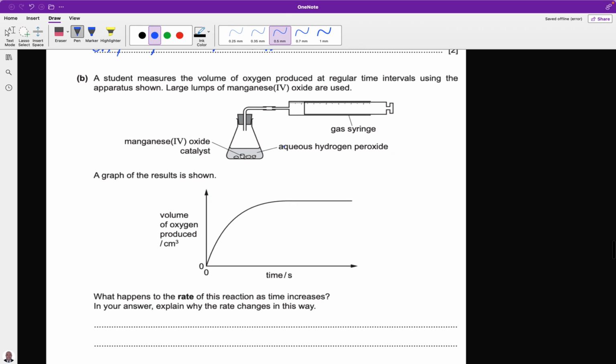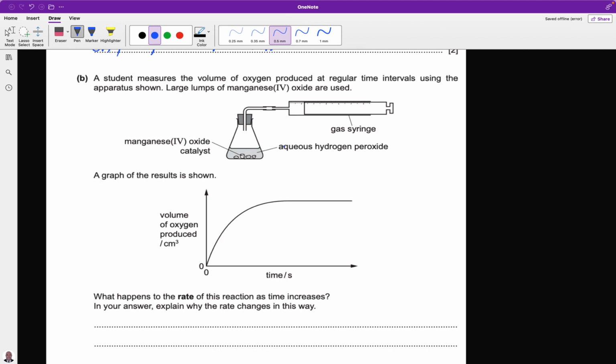Now, a student measured the volume of oxygen produced at regular time intervals using the apparatus shown. Large lumps of manganese 4 oxide are used, with aqueous hydrogen peroxide, and the gas syringe was used in collecting it.